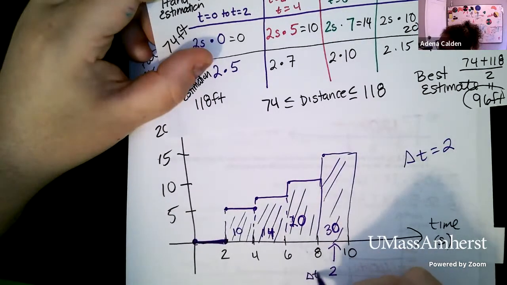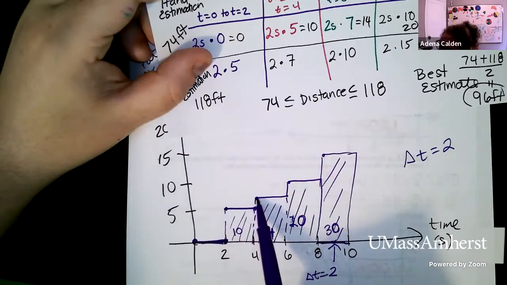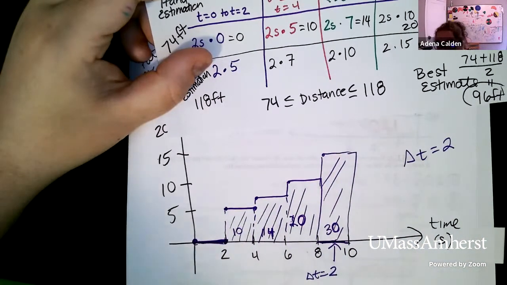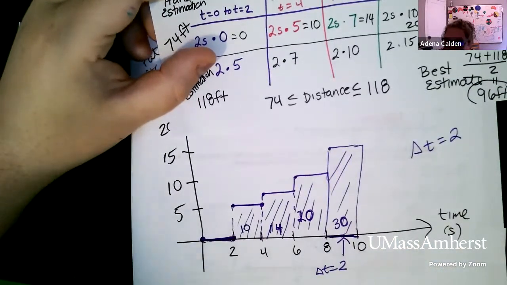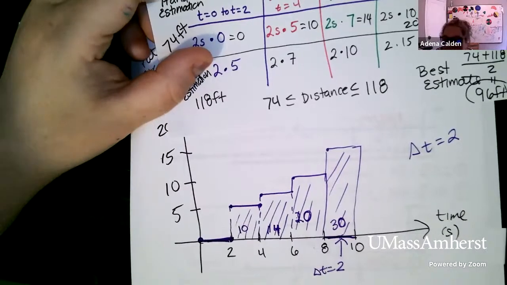So delta t equals 2 means that the width is 2. Since this is a left-hand approximation, that means that these leftmost points are touching the actual function in some way based on the data we have. This is going to be a little bit easier to see when we do the right hand. So when we do the right hand approximation, I'm going to superimpose this.